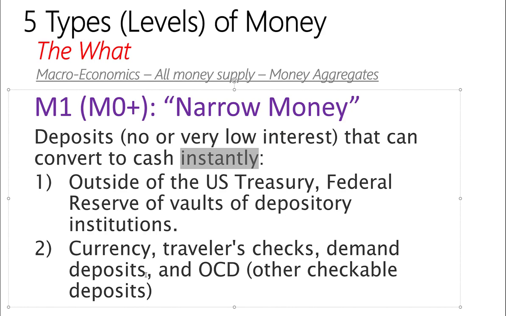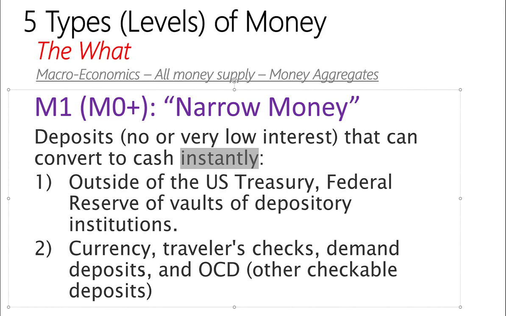Demand deposits, right? So these are your deposits at your bank. They're not savings accounts. That's why there's always a classification. We might think that they're pretty much the same between the savings account and a checking account, because we can access both.